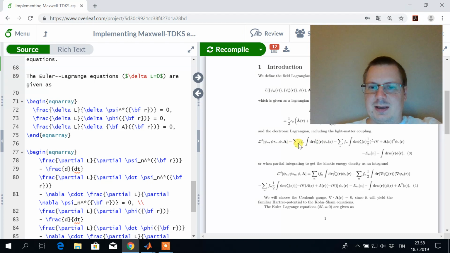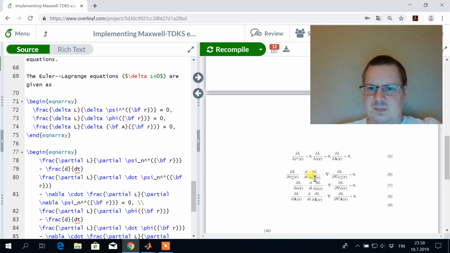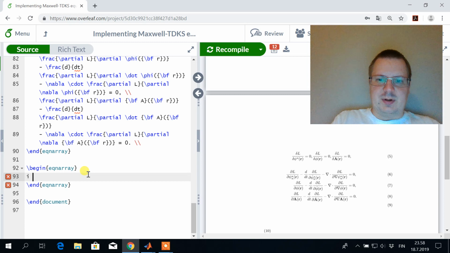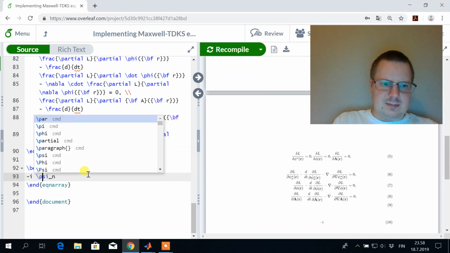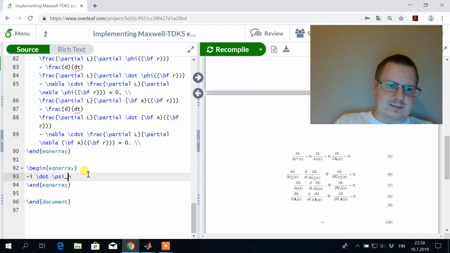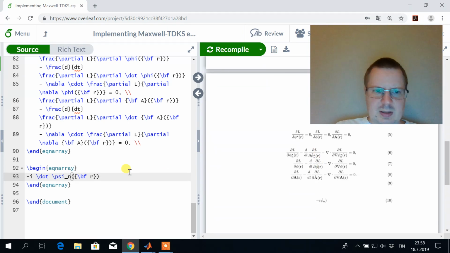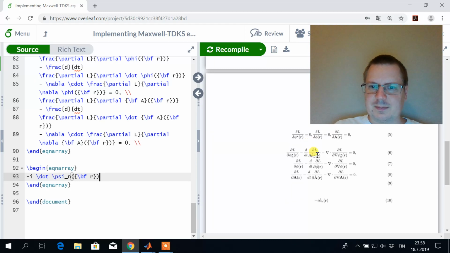So we will take i f_n psi_n dot from the Euler-Lagrange, from this part of the equation. So that's like the first part of the Schrödinger equation now. So we have minus i psi_n dot, like so. This is the Schrödinger equation part.